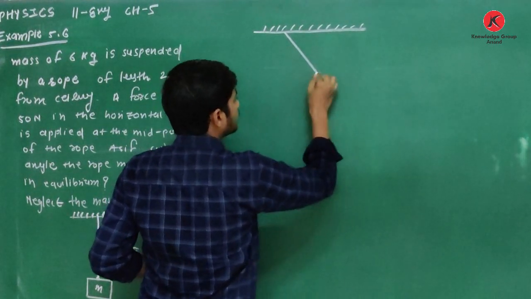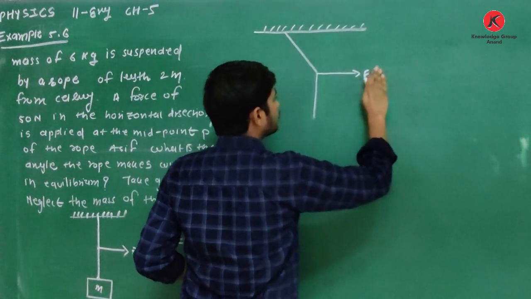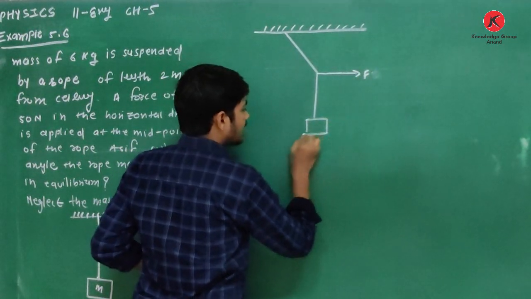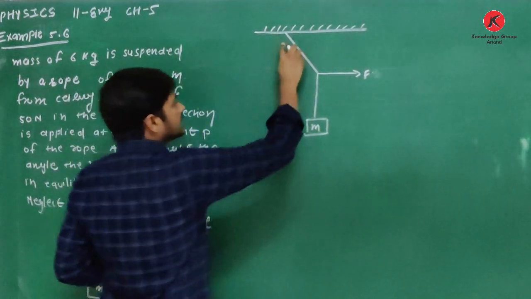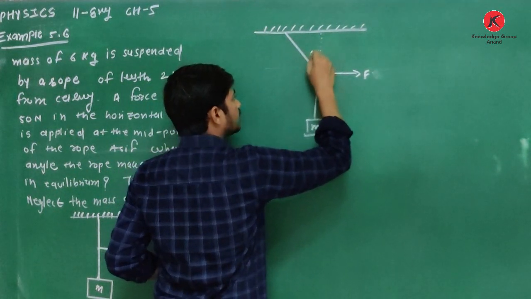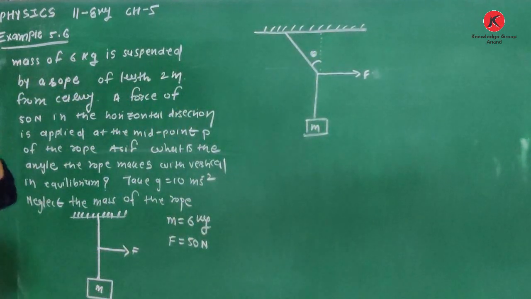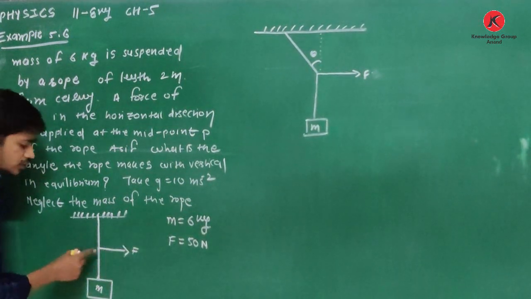It is the ceiling, and the horizontal force F is applied in this direction. As the mass is connected, it will hang in the vertical plane like this, and this string now makes some angle with the vertical. Clear about this situation?